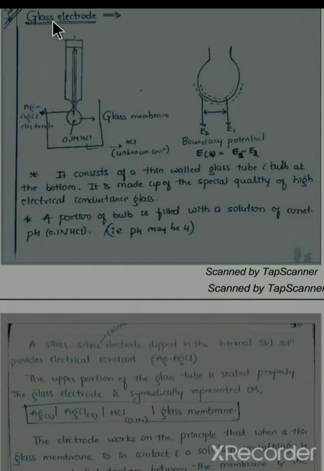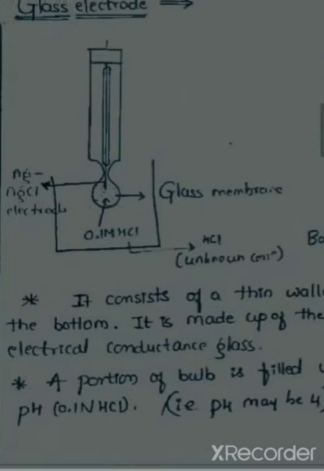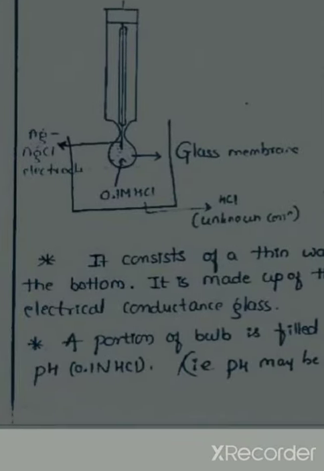Okay, now we'll study what exactly the glass electrode is. So this is the typical glass electrode. This is the diagram of the glass electrode. You have one glass tube, and this is the bulbed structure. In that you are going to have 0.1 molar HCl, and one wire is dipped. That wire is made up of silver, and the coating of silver can be done by using AgCl.